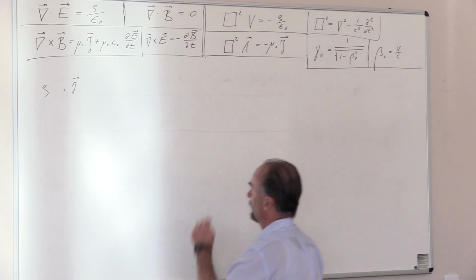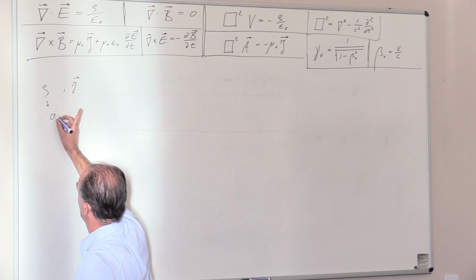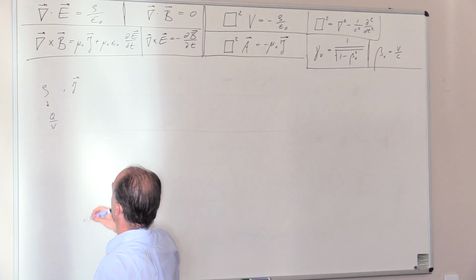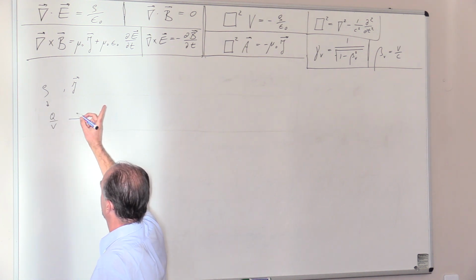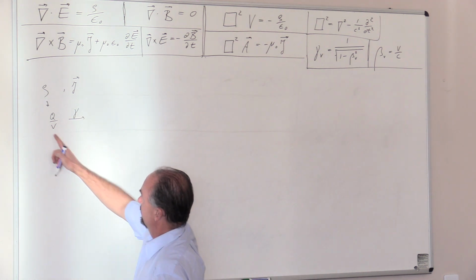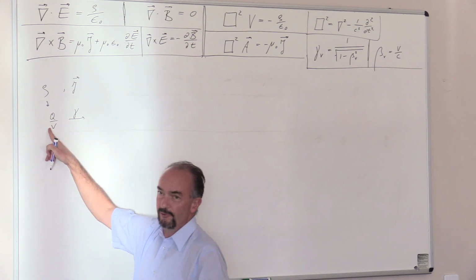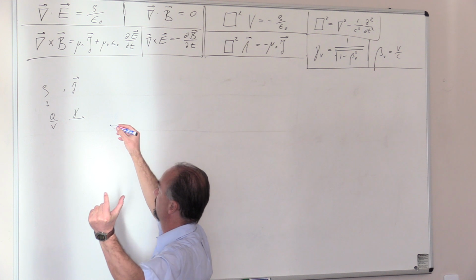To see how that makes sense, if we have rho as charge per volume, and we Lorentz transform with some Lorentz factor gamma, what happens? The charge won't change, but the volume will be Lorentz contracted.